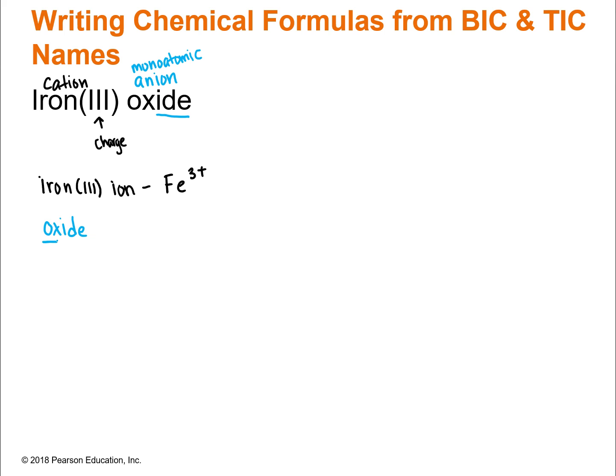Oxide, ox comes from oxygen. Oxygen is also in group 6A. So that means that its charge is going to be -2, just like the sulfur. So that ion looks like that.